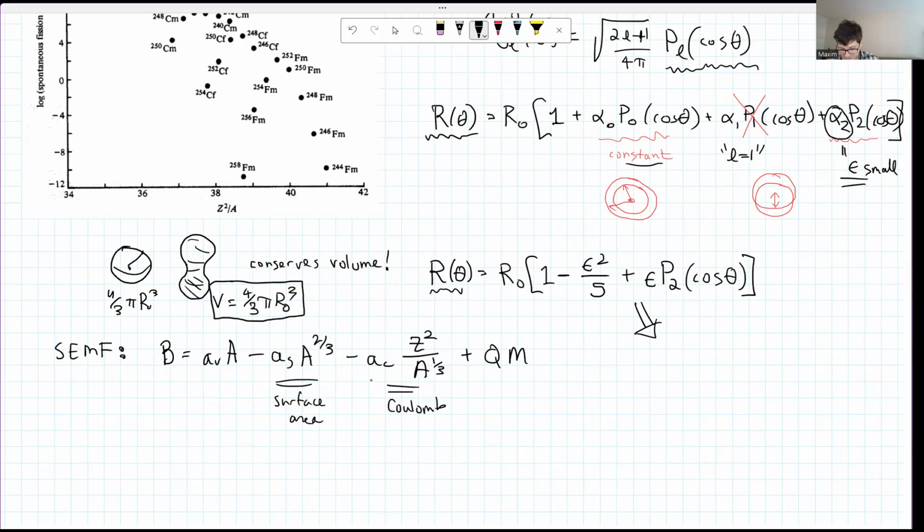That's not necessarily completely trivial, but you can show that the surface area corresponding to this shape is equal to the leading order term, which is, of course, the surface area of a sphere. But it gets a correction. It gets bigger with epsilon, and the amount it gets bigger is 2/5 epsilon squared plus higher order terms.